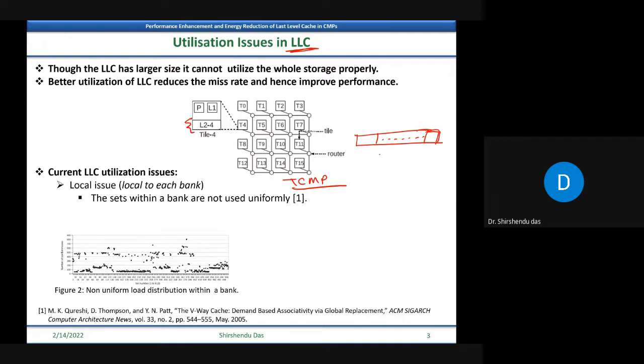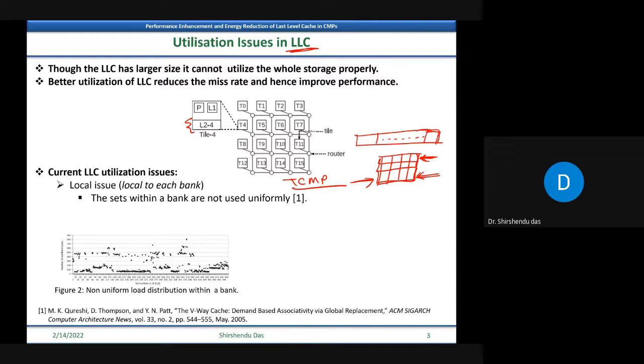But instead, if you have a set associative cache, then the issue of mapping comes in, right? Maybe some blocks are mapping to this set, and it may be possible that there is one set, say the last set, in which a very small number of blocks are placed.